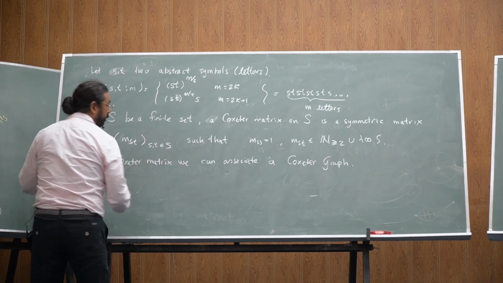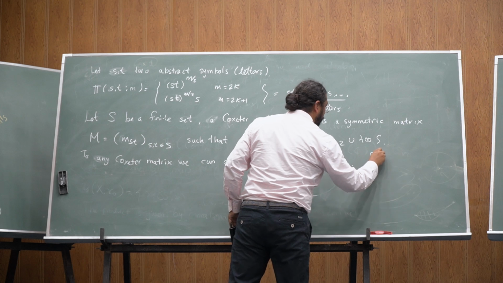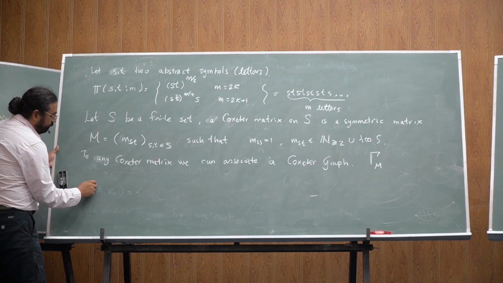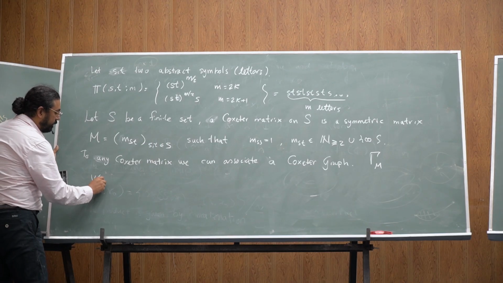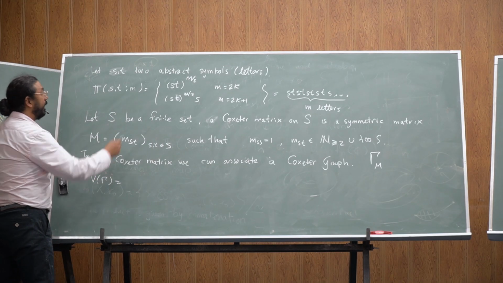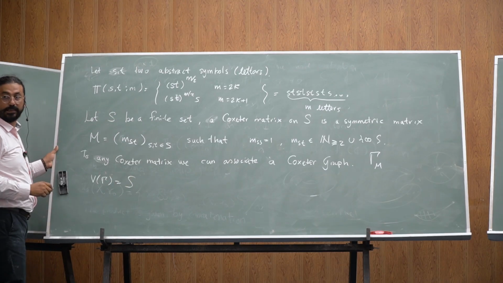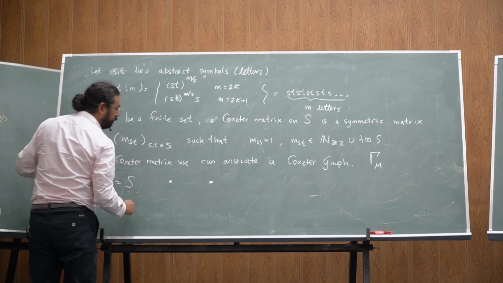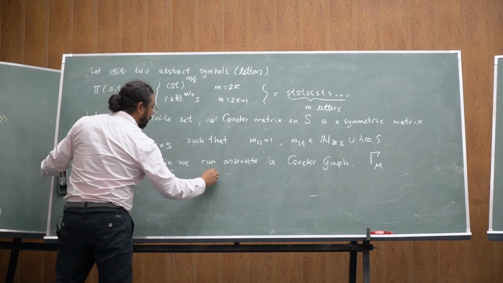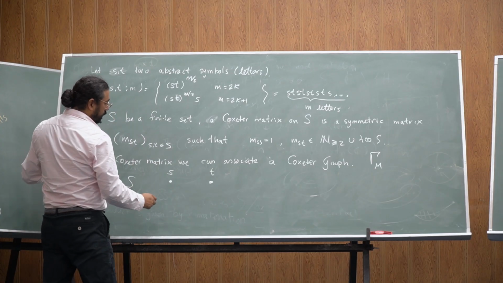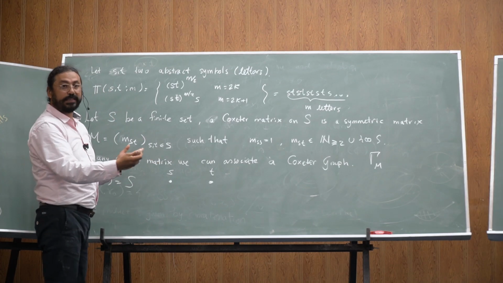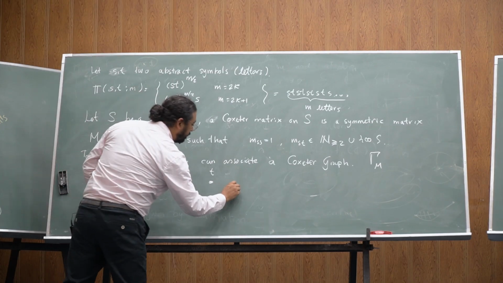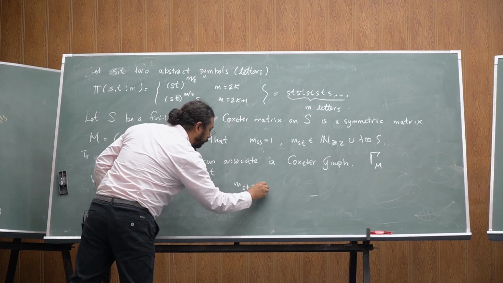And the Coxeter graph, I will put it like this: gamma sub M. The vertices of gamma will be exactly the set S. We will say there is no edge between S and T if M_ST is equal to 2.